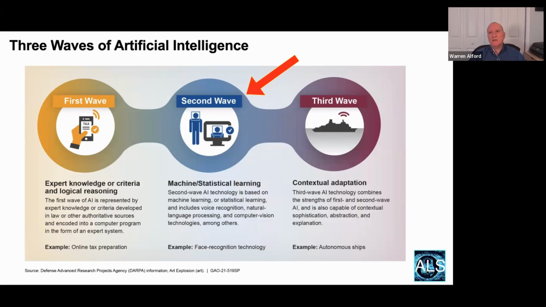So an example of this is autonomous ships or autonomous weapon systems that would be able to acquire a target, recognize that target as being a friend or foe, and then act on that, and then follow up as things develop in real time. So right now we're in that second wave.